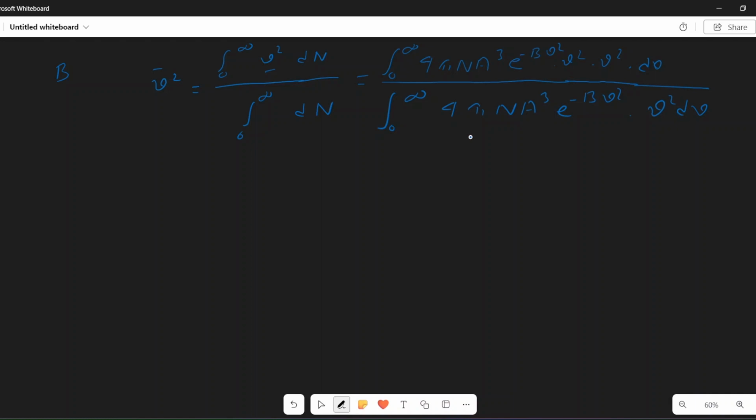Now look at both terms here. There are a lot of similarities. These terms and these terms are the same. So for the upside and downside we have only the integral from 0 to infinity of e to the power minus b v square v to the power 4 dv, and here the integral from 0 to infinity of e to the power minus b v square dv.